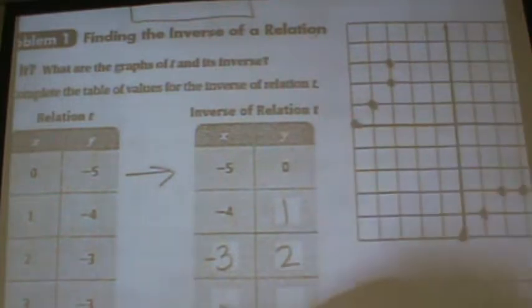And we plot negative 3, 3. Now, you flipped it over the origin. Is the inverse a function? No, it is not. It does not pass the vertical line test. This is a function, and this is not.